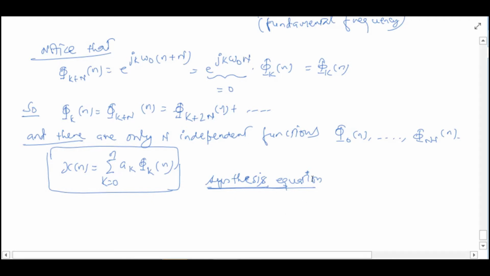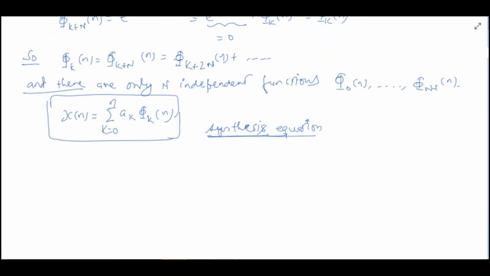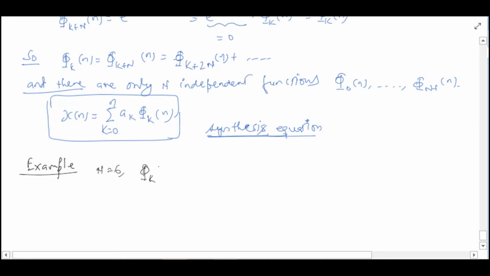Let's see an example. Let us fix capital N to 6. In this case, phi k of small n is given by e raised to jk 2 pi by 6 n.